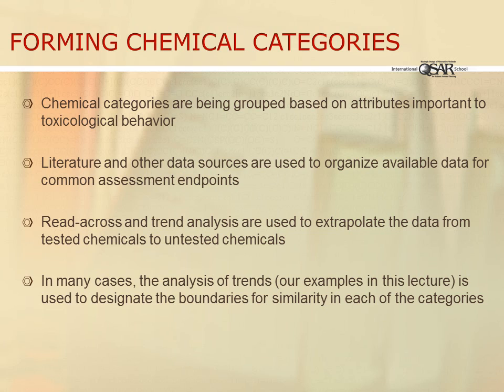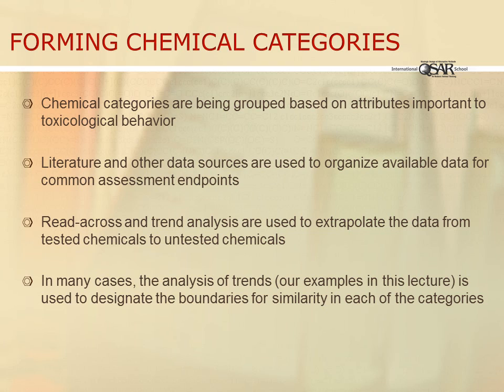The literature and other data sources are used to organize available data for common assessment endpoints. Once the chemical categories are formed, we use read-across or trend analysis to extrapolate and interpolate from the tested chemicals to the untested chemicals.